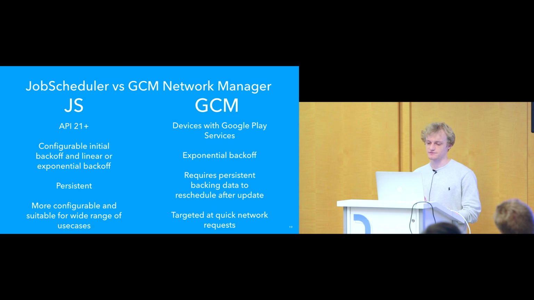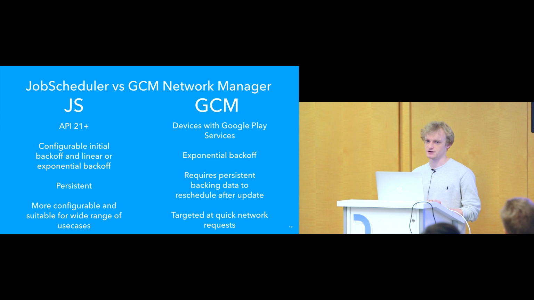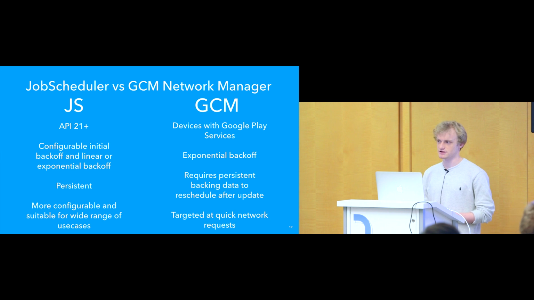JobScheduler is a lot more configurable. We saw with the wake lock, we were given more control over that, whereas GCM Network Manager is pretty targeted towards very short bursts of network activity. We could make it work for other tasks besides network, of course, but it's definitely only for very quick tasks.